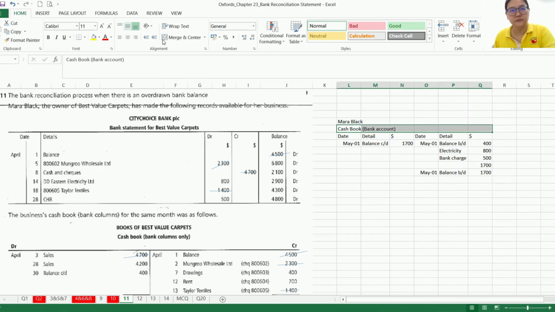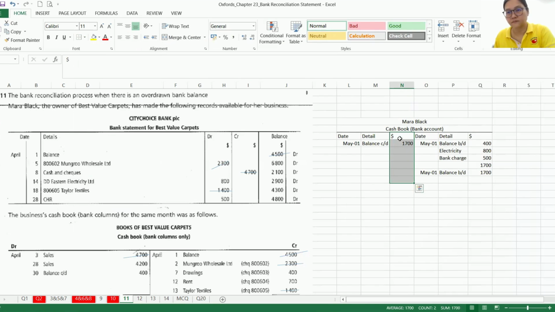So amount settle. The subtotal must be the same row.